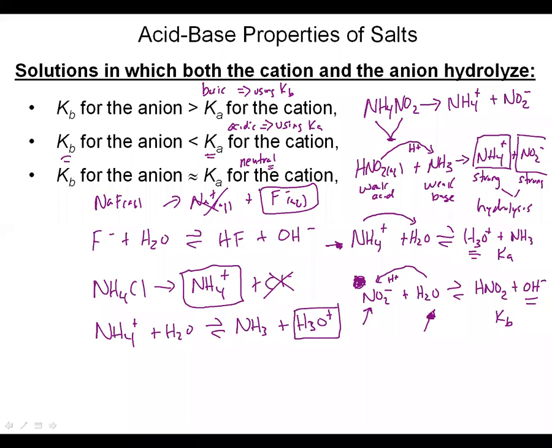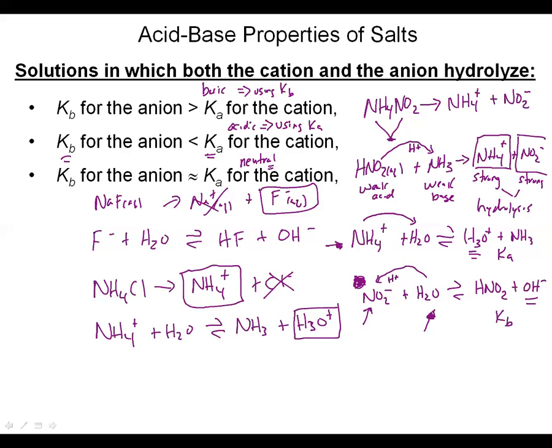You would ignore the other one. To do them together, you could, but it's a lot more complicated. So usually what people will do is they'll use either the Ka value and do the calculation with the appropriate reaction, or they will use the Kb value and do it with the appropriate reaction and Kb value.